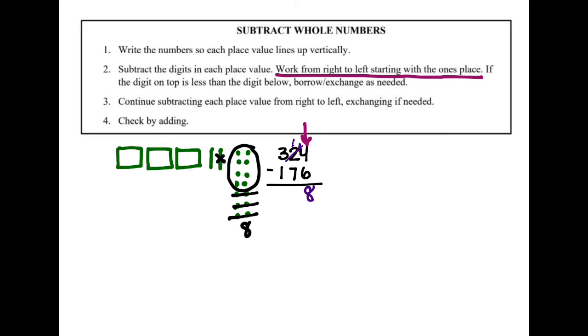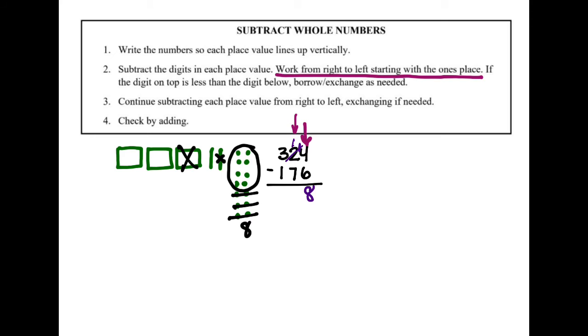Now you move over to the next column, and you cannot take 7 away from the 1, right? I want to take 7 rods away from this. I can't do it. So I have to break it down, or break one of the flats down.